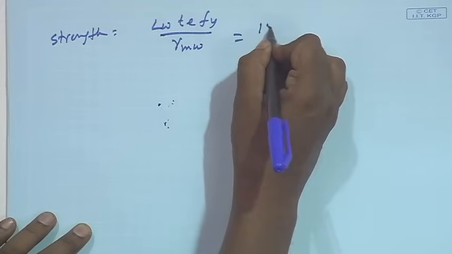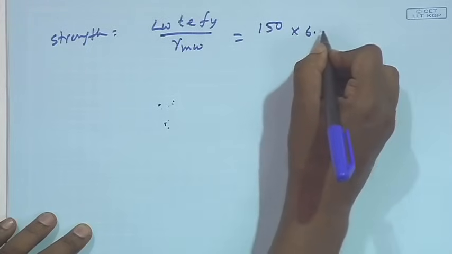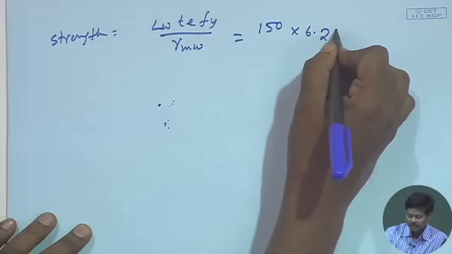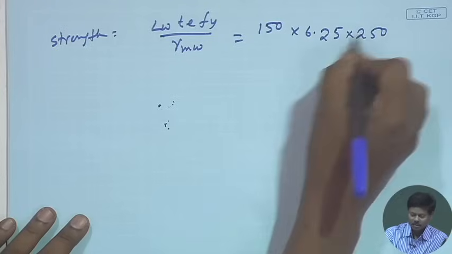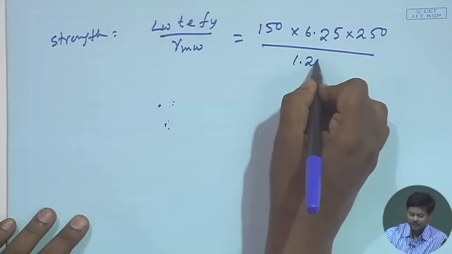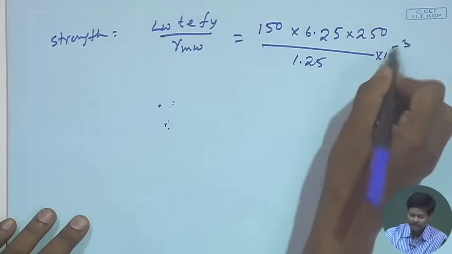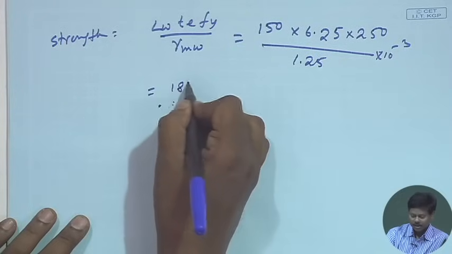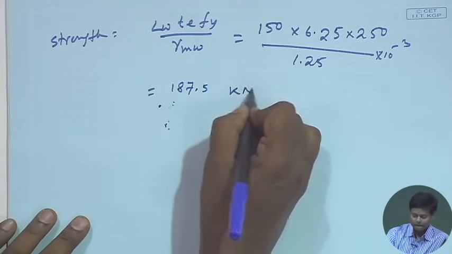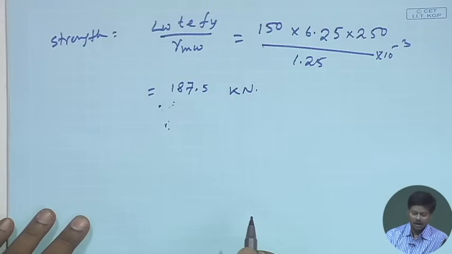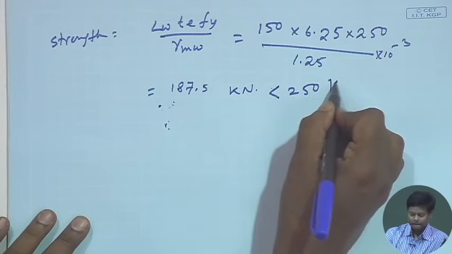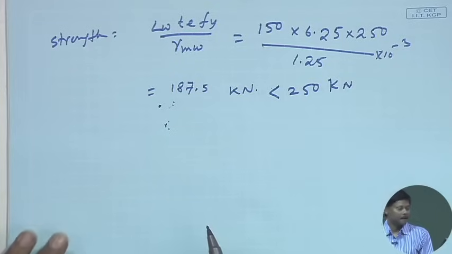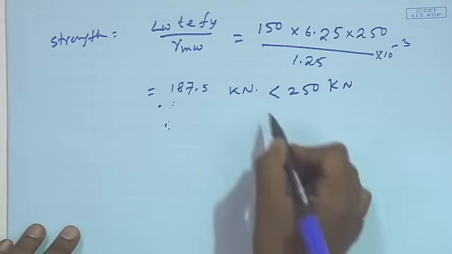So, Lw is 150, 6.25 is the effective thickness, and fy is 250 by 1.25, into 10 to the minus 3. So, this is coming 187.5 kilonewton, right, and it is less than 250 kilonewton.